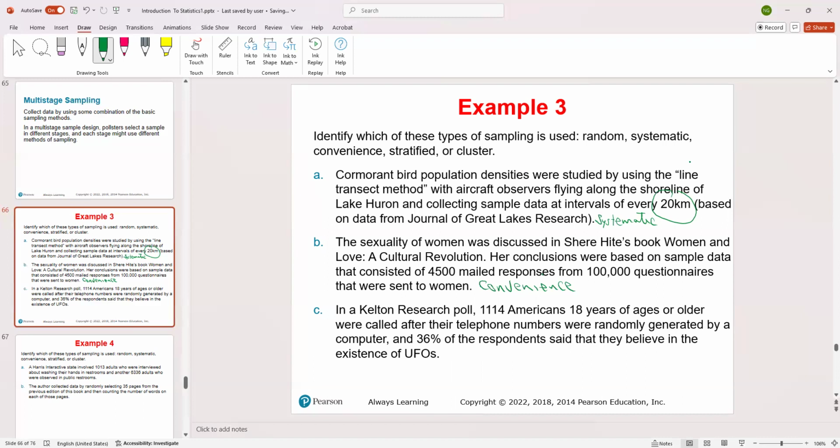So 1,114 Americans 18 years old or older are called after the numbers were randomly generated. That's random. You choose those randomly. So it's mostly a simple random sample. That makes it easier.